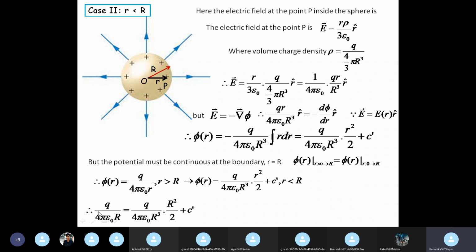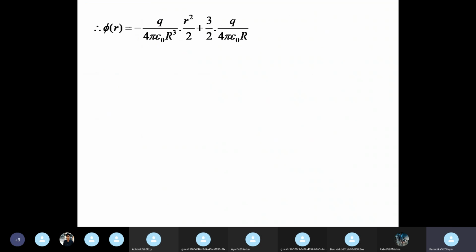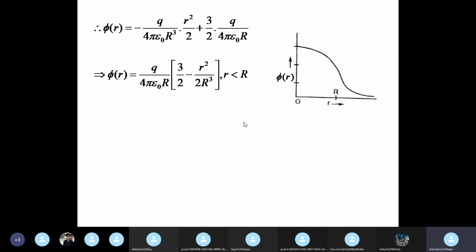So at the boundary, this expression must be equal to this expression, and using some algebra, we get the value of c prime, the constant of integration, to be 3 by 2 q by 4 pi epsilon naught capital R. Right? With that value, we get the final expression of potential at a point inside the solid sphere to be q by 4 pi epsilon naught capital R into 3 by 2 minus small r square by 2 capital R cube. Okay, and I've written that it is for r less than capital R.